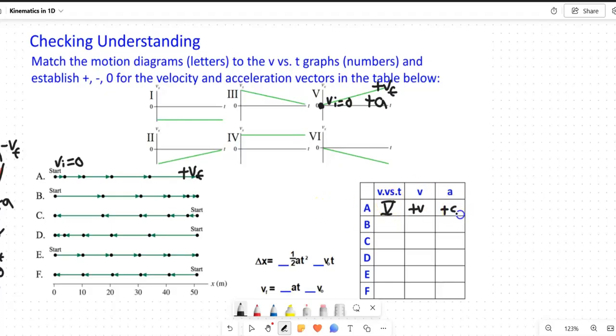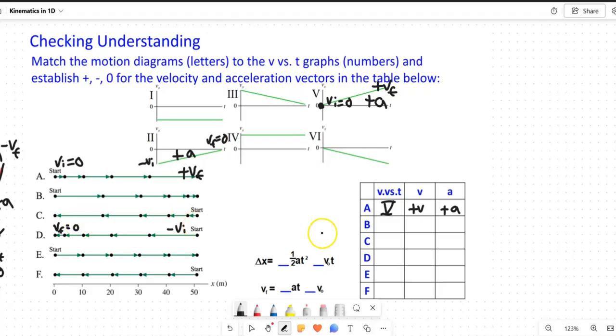All right. Let's start off with a velocity versus time graph. Let's do this one. This starts off with a negative initial velocity, and its final velocity is equal to 0. And the slope of that line is positive. So we're looking for something that is moving to the left, but is slowing down, slowing to a stop as it's moving to the left. So it's got to start with a large initial velocity vector, and its final velocity is equal to 0.